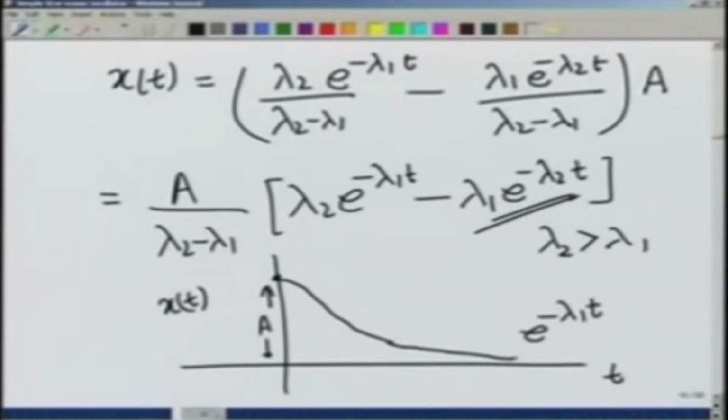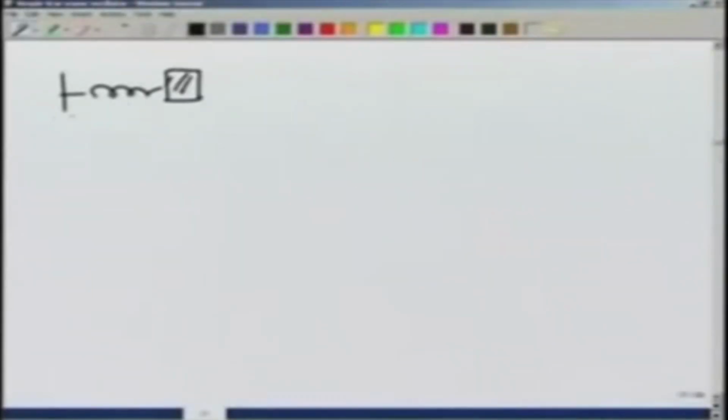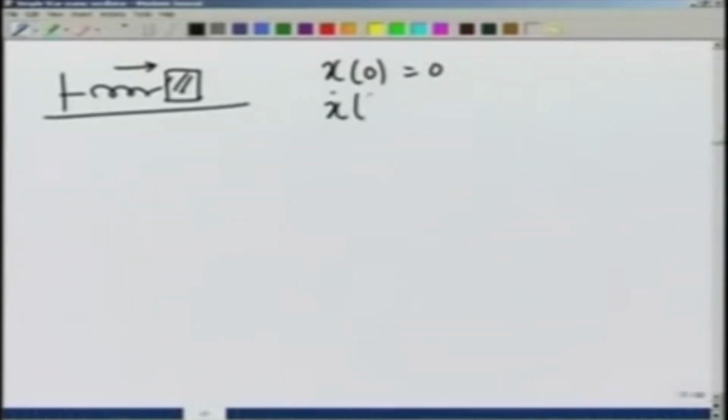Let us now take a second situation in which I take this mass and give it an impulse, so that at x(0) equal to 0, it starts with a velocity x dot equal to v in the positive direction.